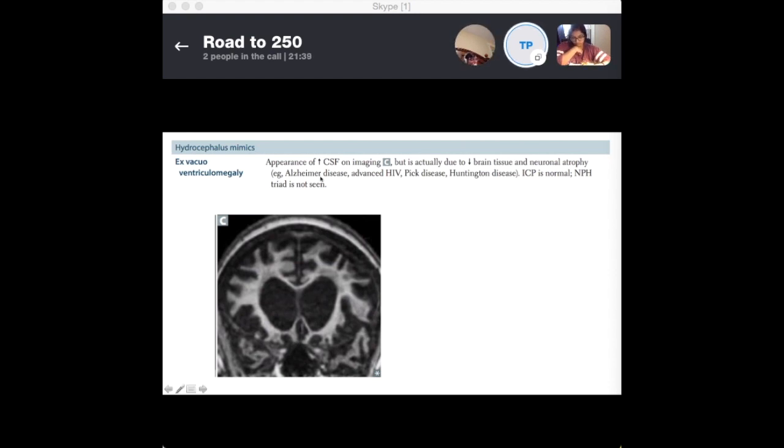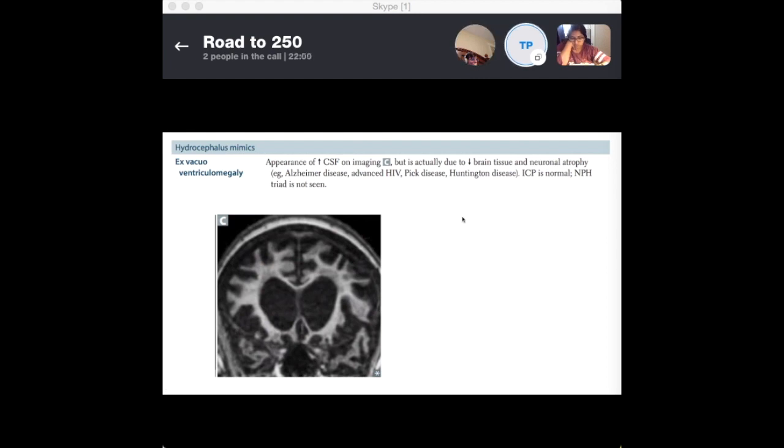This is important, commonly seen in patients with Alzheimer's, advanced HIV, Pick disease, Huntington disease, hence the previous areas of damage. And a patient could present as one with progressive cognitive decline with hydrocephalus on imaging.